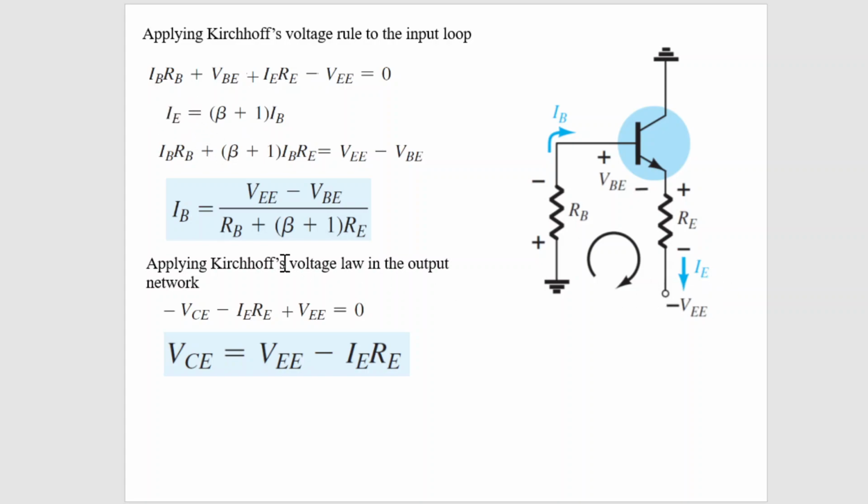So first we find IB using this equation, and once we find IB, we use the expression IE is equal to beta plus 1 into IB to find IE. Once we determine IEQ, we can find VCEQ.